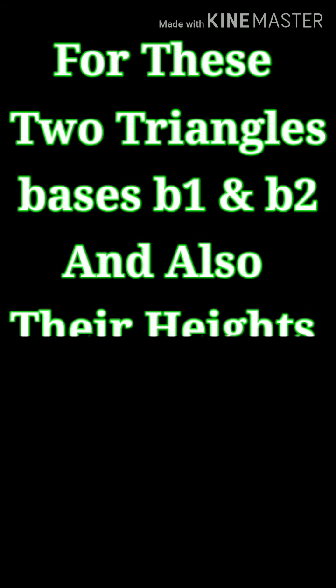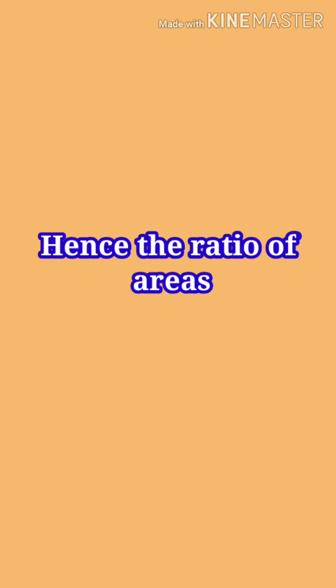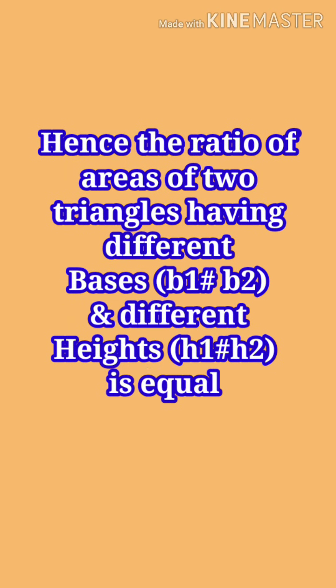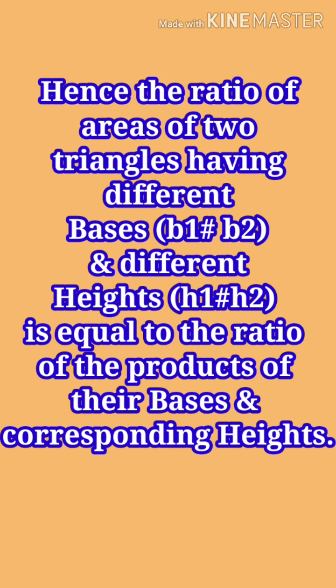Here for these two triangles, bases b1 and b2 and also their heights h1 and h2 are totally different from each other. Means for triangles having different bases and different heights, we can find the ratio of areas of these two triangles: the products of their bases and corresponding heights represent their ratio of areas.